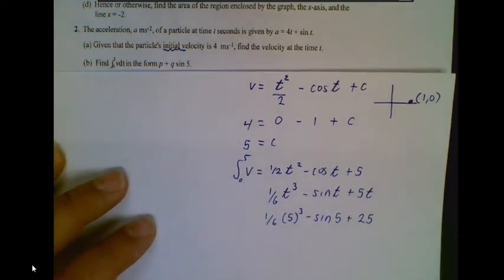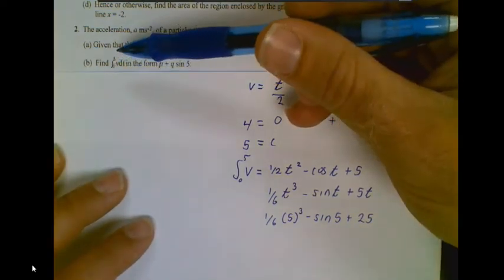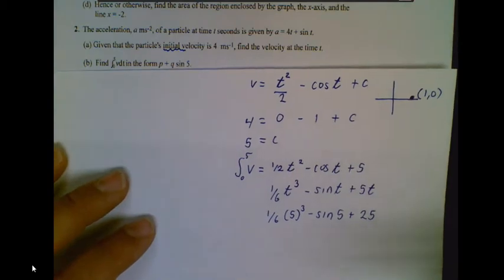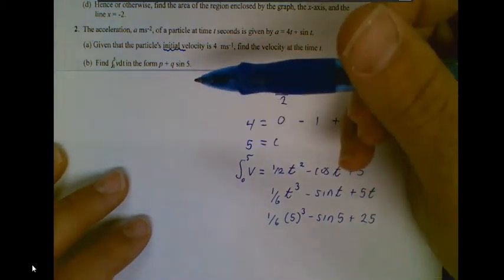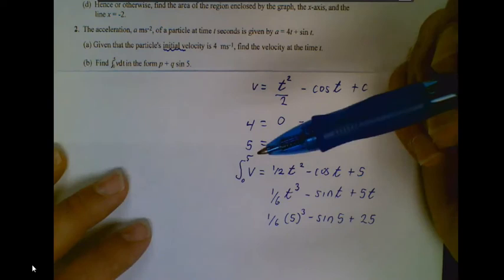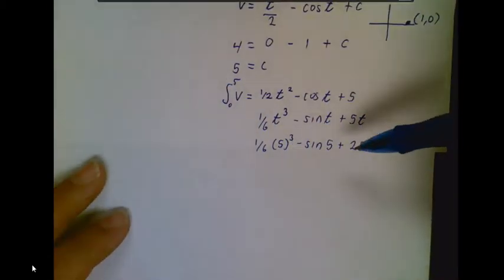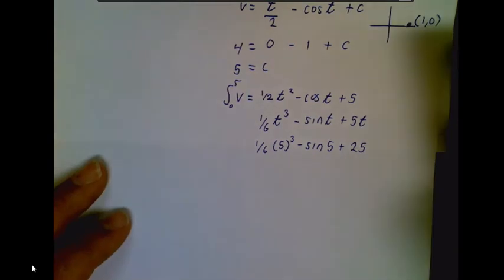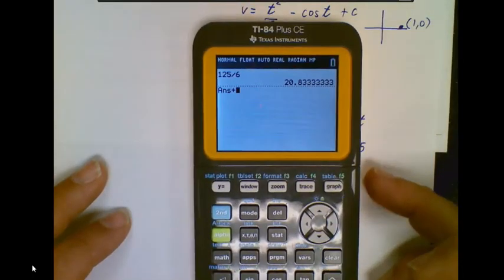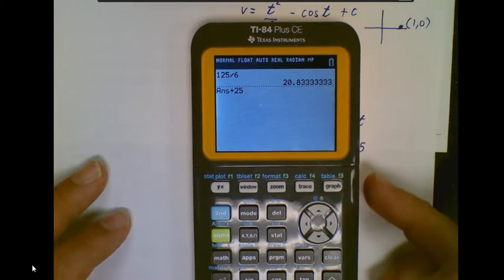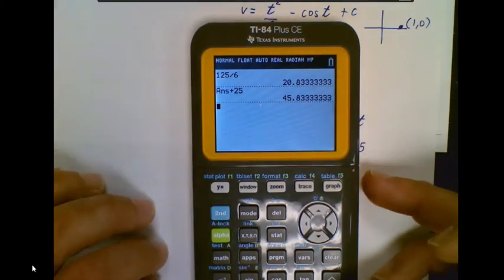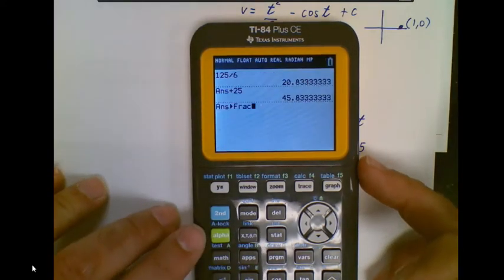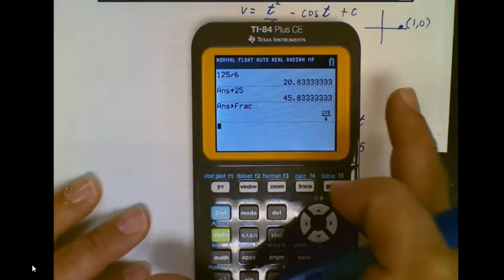My guess, and I'm looking at their worked out solutions, is I don't know if they initially intended for this to be a 6 instead of a 5, because that would have been a prettier number, but this says 5, so we're going to keep going on that. So I've got my 125 over 6. I need to add 25 to that, and I'm going to write that as a fraction. So I'm going to hit math, fraction, enter. So 275 over 6.